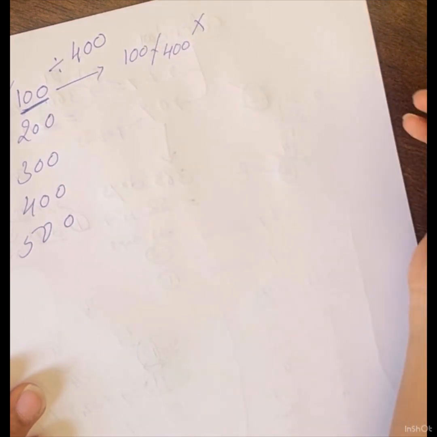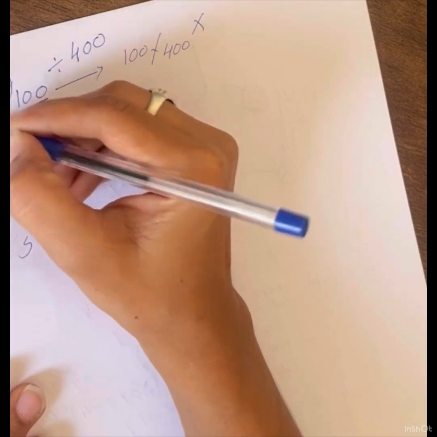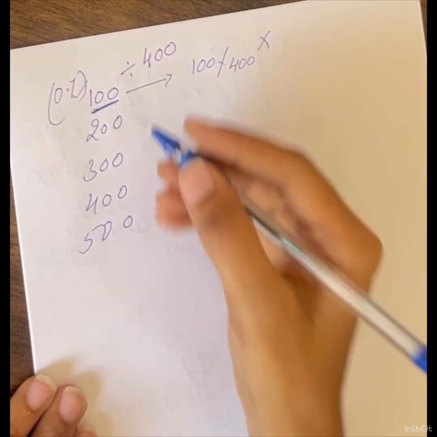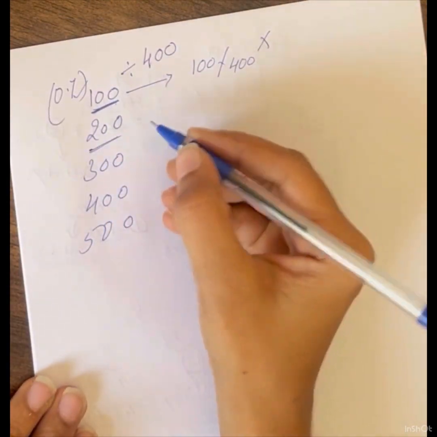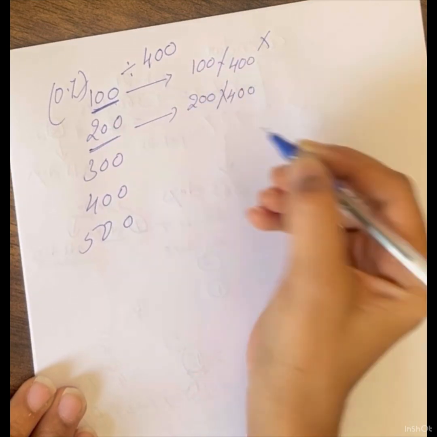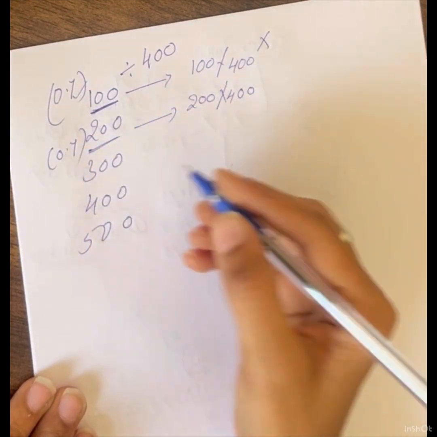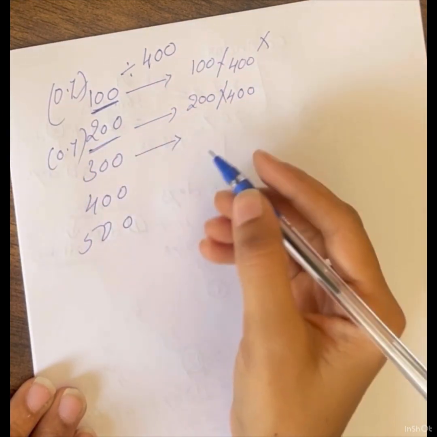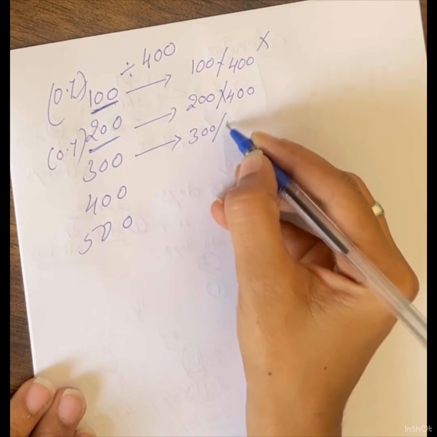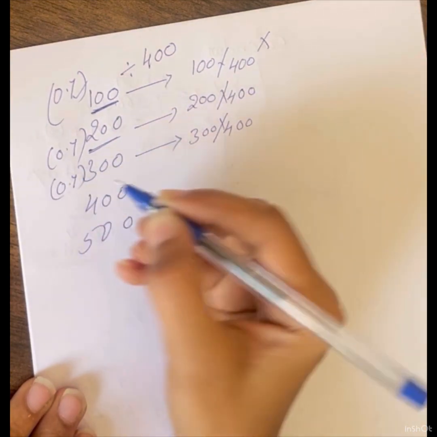Coming to the next year, 200: it is also not divisible by 400, so it is also an ordinary year. Next, 300 is also not divisible by 400, so it is also an ordinary year.